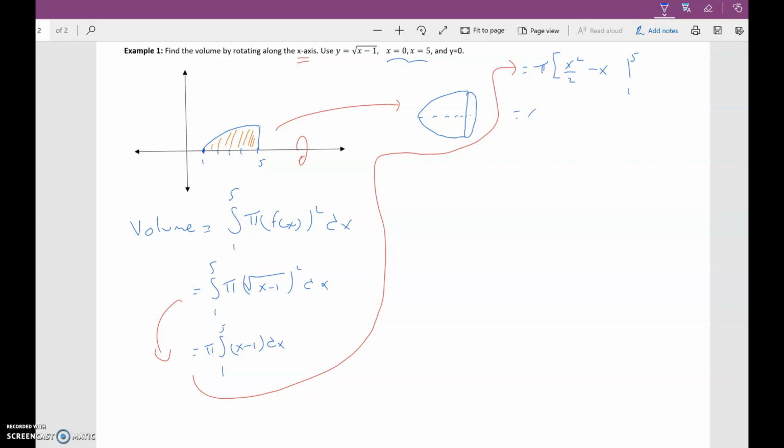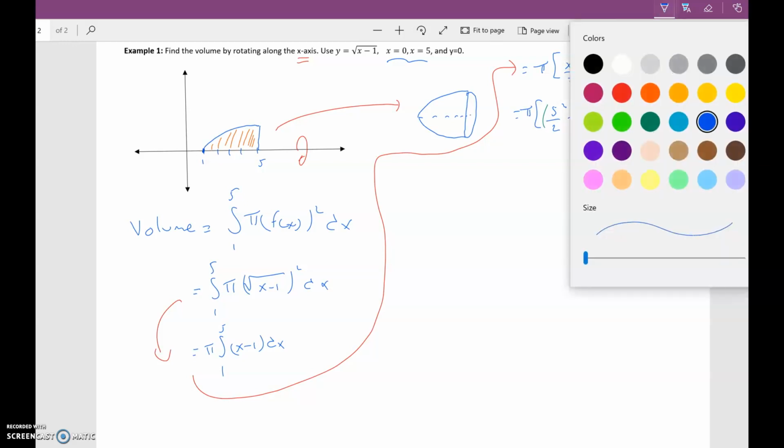So in this case, this is the pi. We're looking at pi times 5 squared divided by 2 minus 5. This is the first quantity, minus, and then the second quantity is going to be 1 squared divided by 2 minus 1.